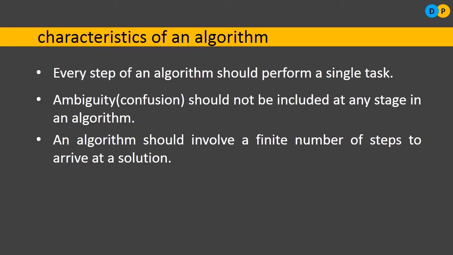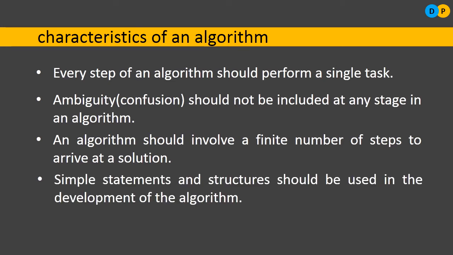But here the number of steps is not important. We have to arrive at a particular solution, but in arriving at it we have to go with only a finite number of steps. We cannot say that there are infinite steps. Always we should consider only a finite number of steps.